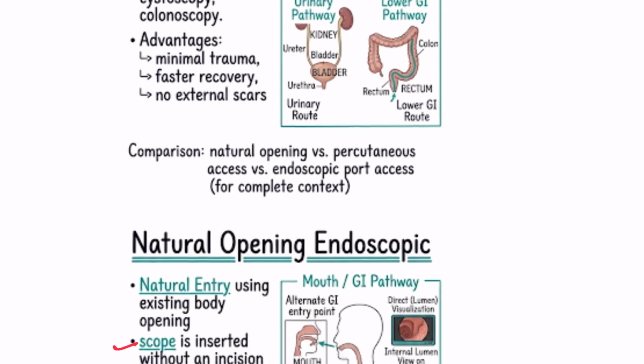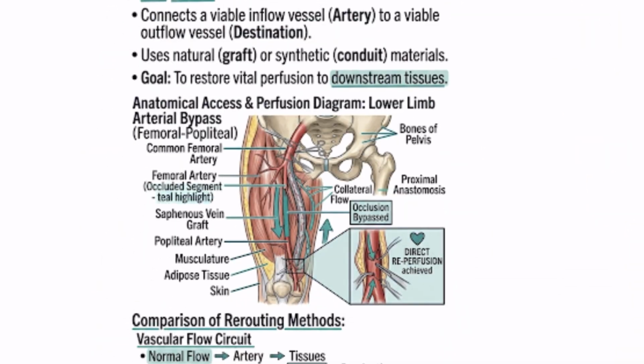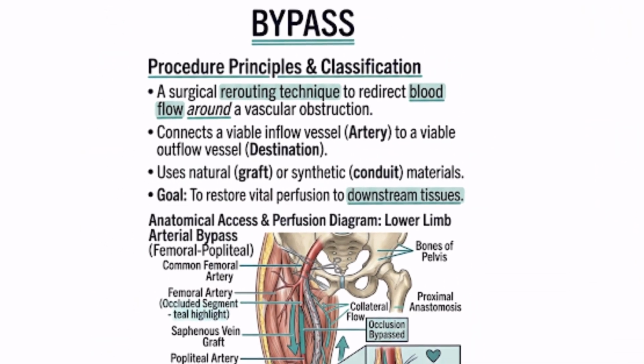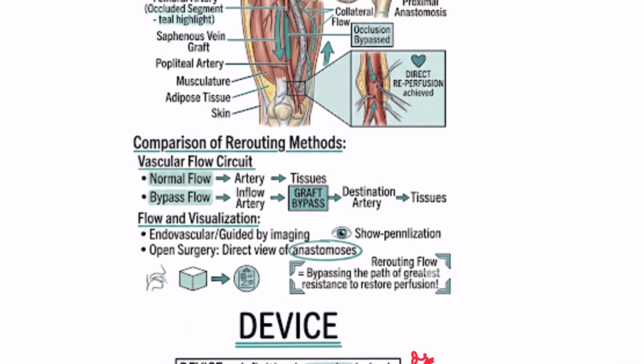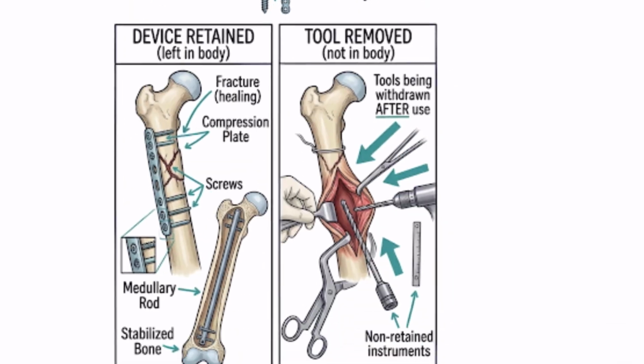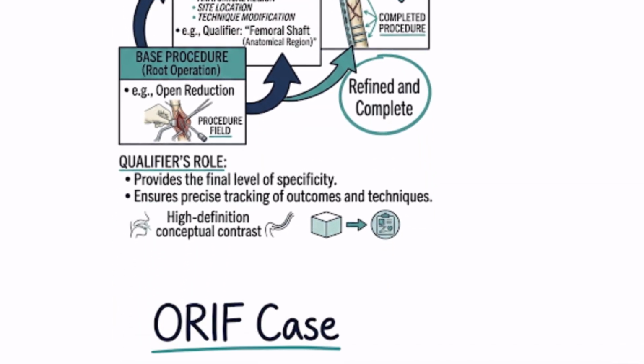Let's take another example, bypass. In bypass, we are rerouting the flow of the blood, and this is not the complete story. From where to where? That detail is captured by the qualifier. So now the procedure becomes more specific. It's not just bypass, it's bypass from one location to another. Now let us look at a procedure we have touched earlier, spinal fusion.